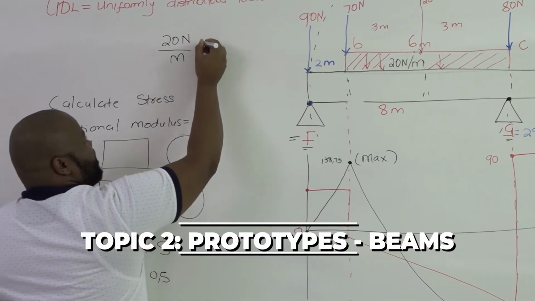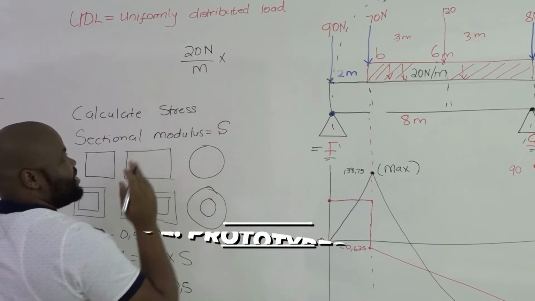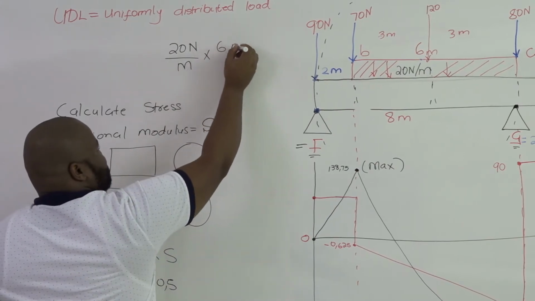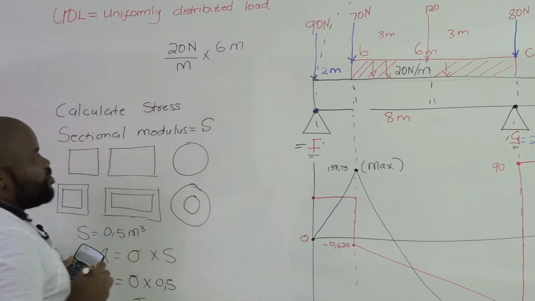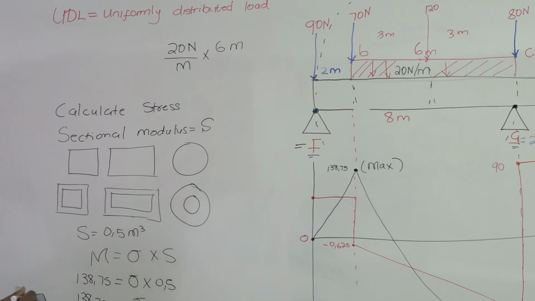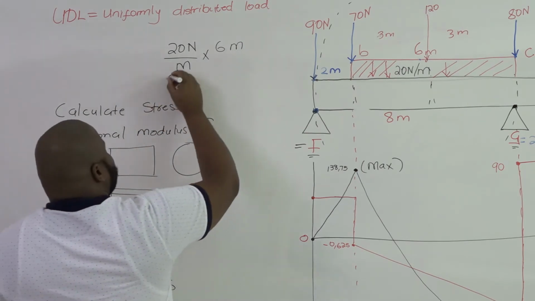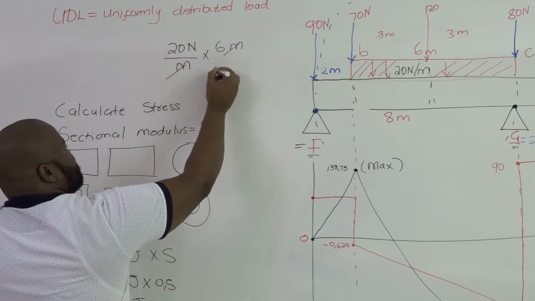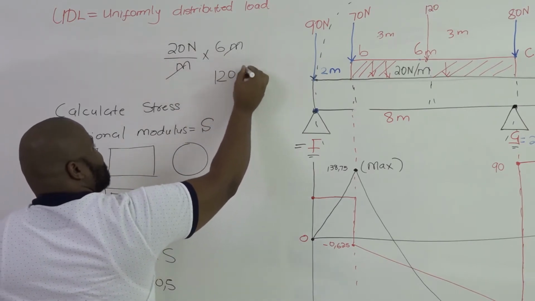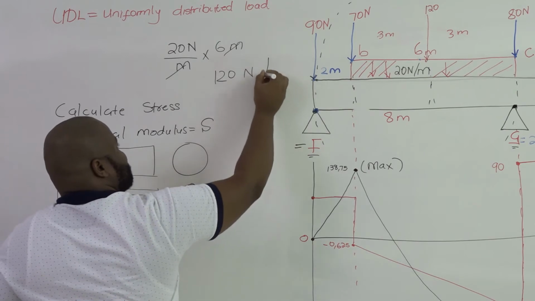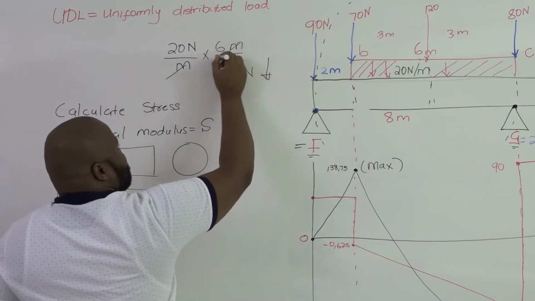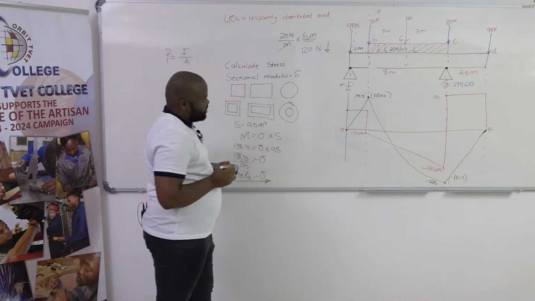Our UDL acts for a distance of 6 meters. Meaning that for us to make a point load of a force, meter cancels meter. Then 6 times 20, we have 120 newtons acting downwards on the center of the distance 6.